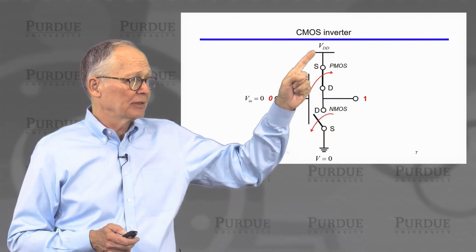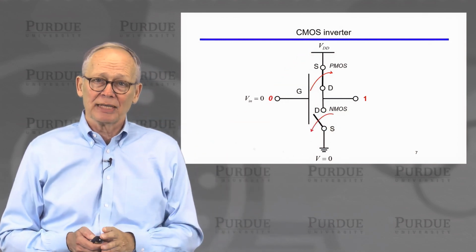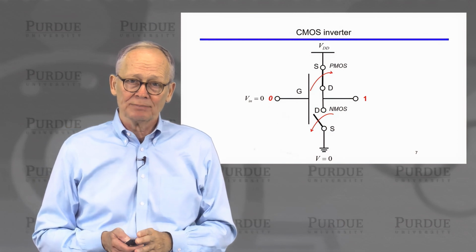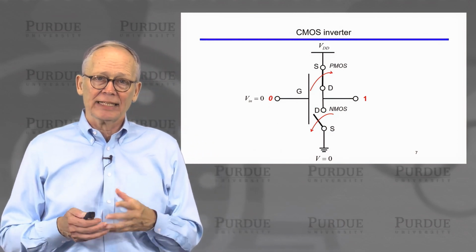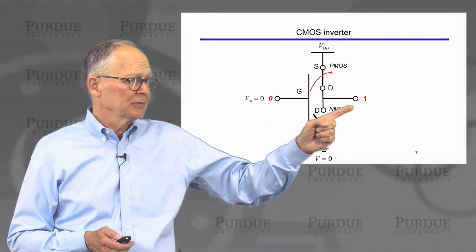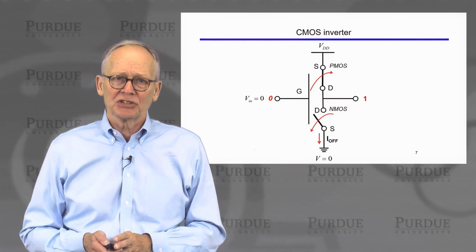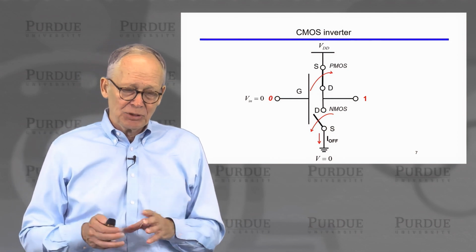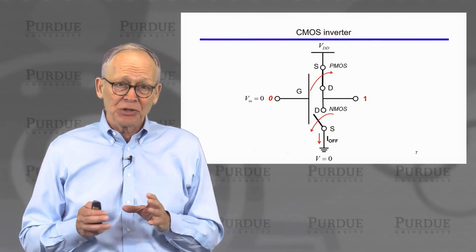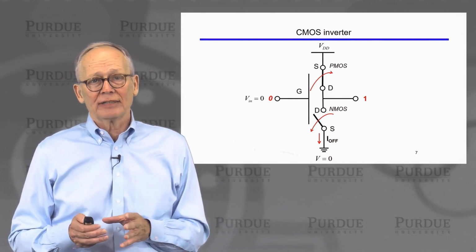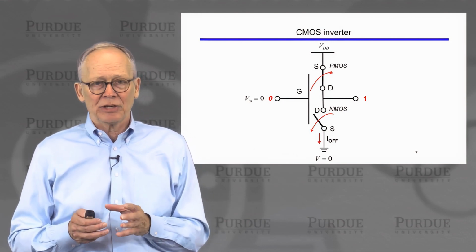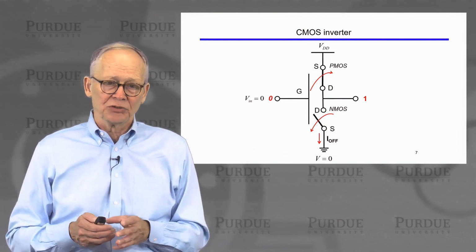That connects the output to the large positive power supply voltage, and we have an output 1. So again, the circuit inverts an input 0 to an output 1. So that's the basic function of the CMOS inverter. The beauty of this device is that in principle, no current flows except during transients while we're switching from 1 to 0.